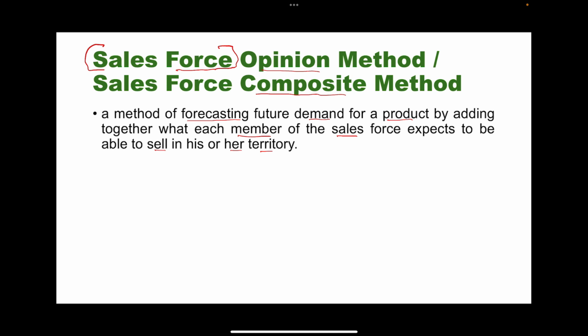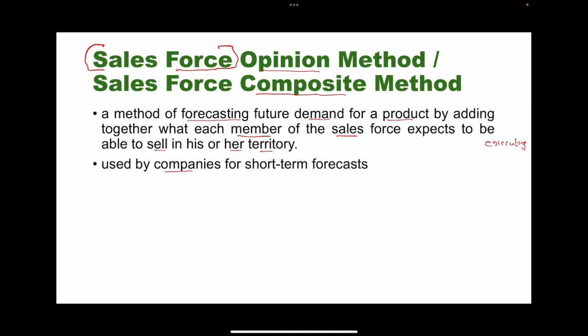That means for a company there will be a sales division, and for each sales division there will be several sales executives. So we ask the sales executives what the future demand of the product will be in that particular territory, and based upon the opinion of all the sales executives, we can predict the demand.